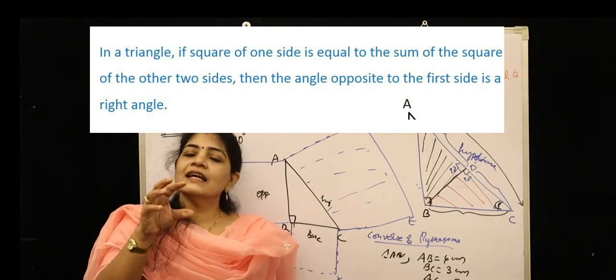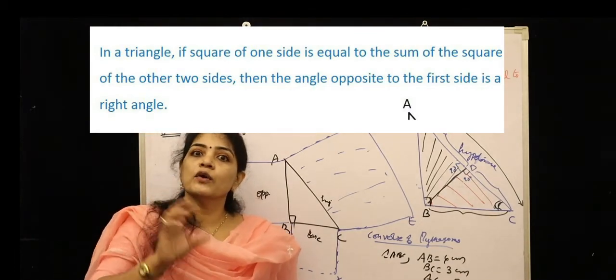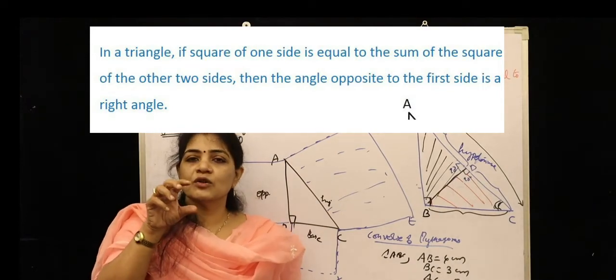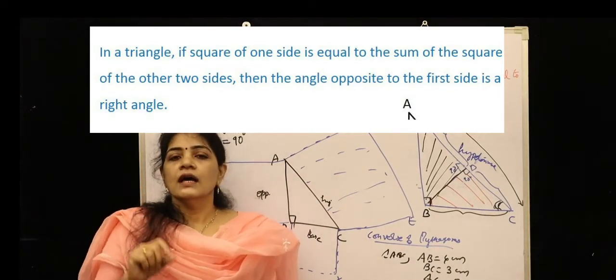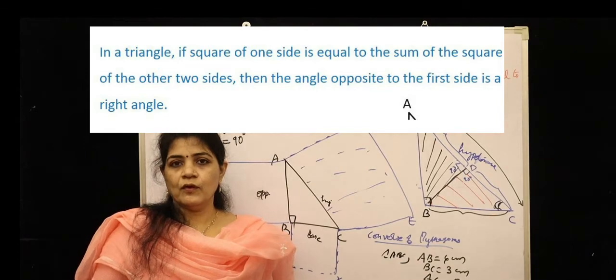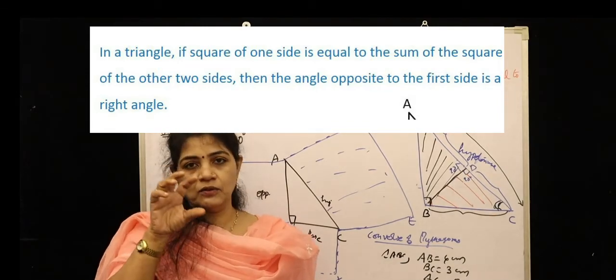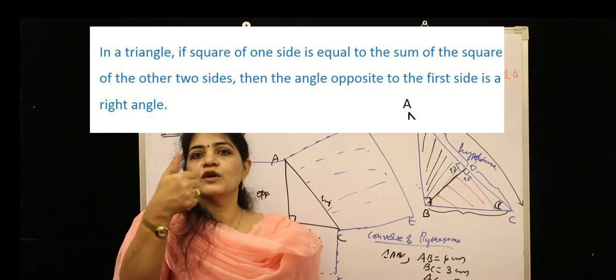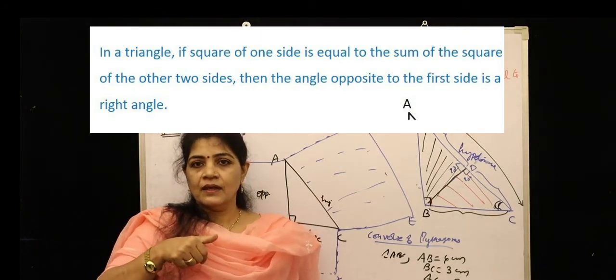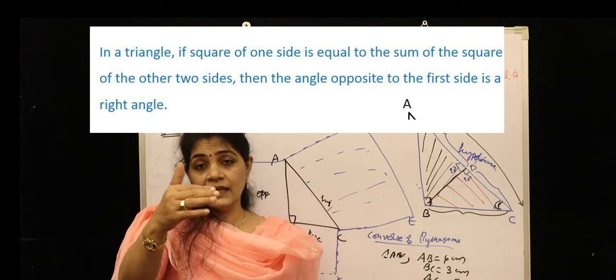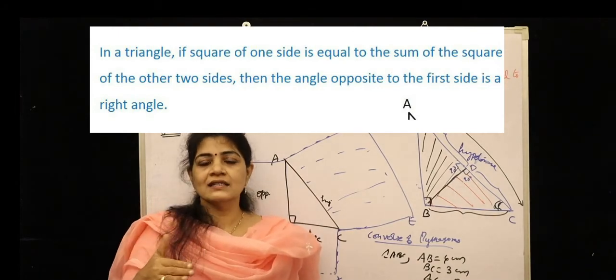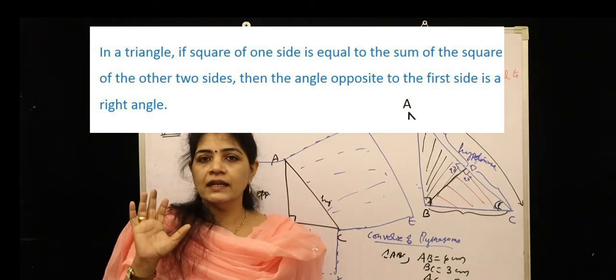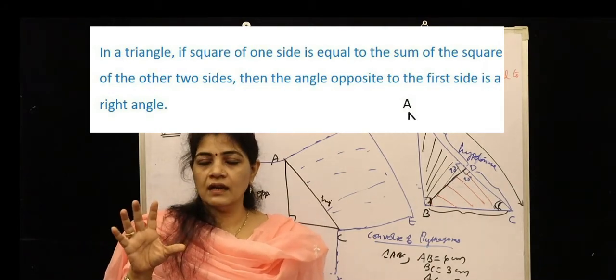How can we check whether a triangle is a right triangle or not? That is the application of the converse of Pythagoras theorem. Because in that statement, if the sum of the squares of any two sides is equal to the square of the third side, then the angle opposite to that third side is equal to 90 degrees. 90 degrees means it is a right triangle.